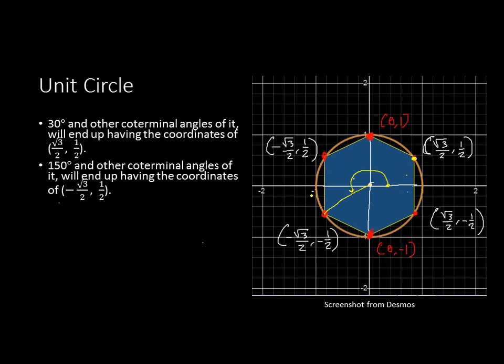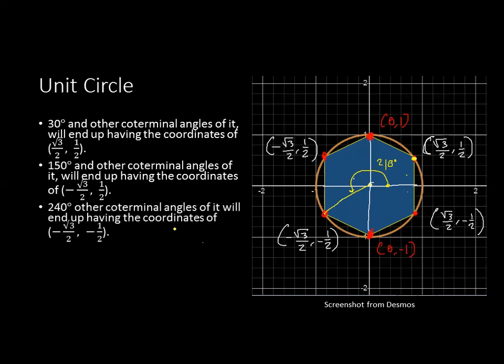So if you reach 210 degrees and other coterminal angles of 210 degrees, you will have the coordinates of negative square root of 3 all over 2 and 1/2. Okay? It's not 240, guys. It's actually 210 degrees.